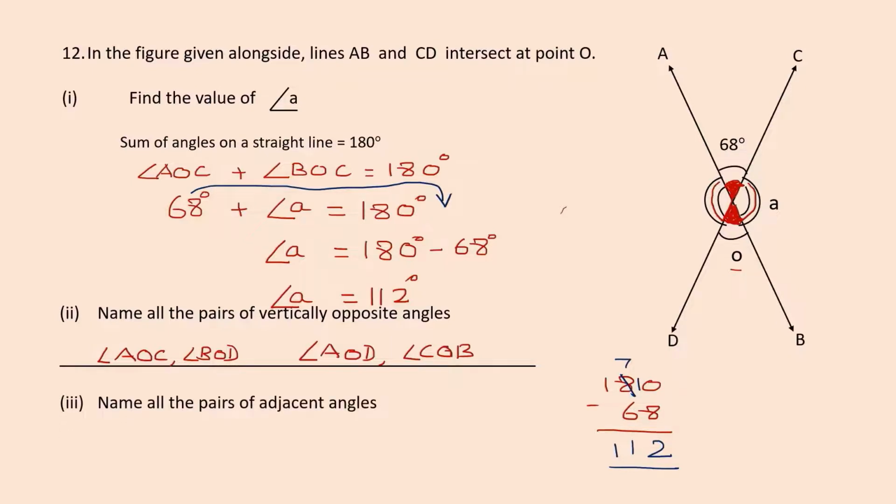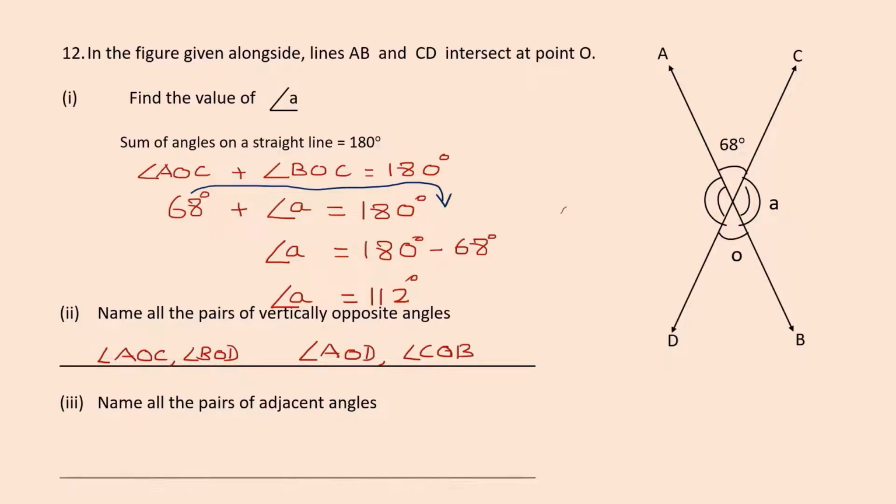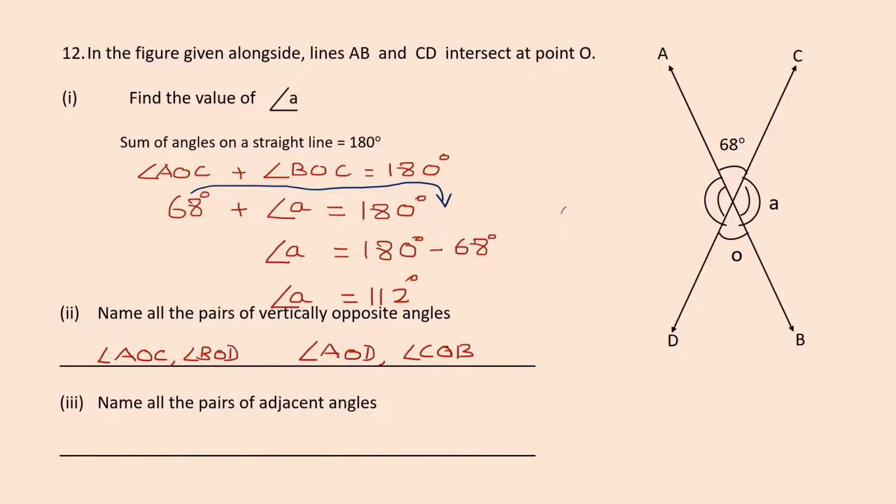Name all the pairs of adjacent angles. So let's name all the adjacent angles. Let's start with A. AOC and COB, they share one common arm. These are two adjacent angles. Let's write that down.